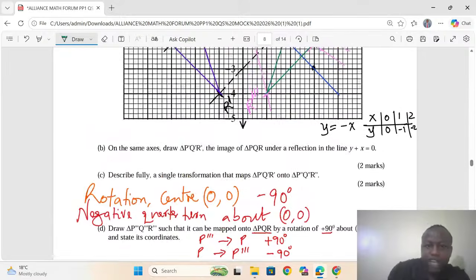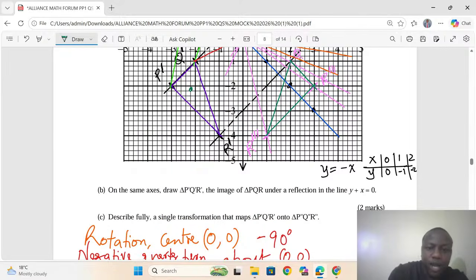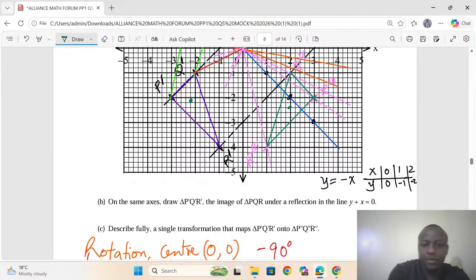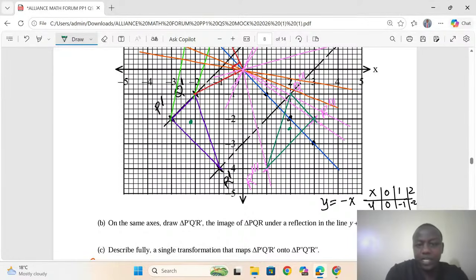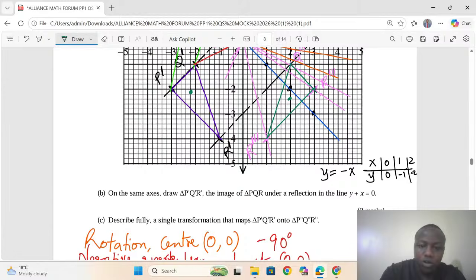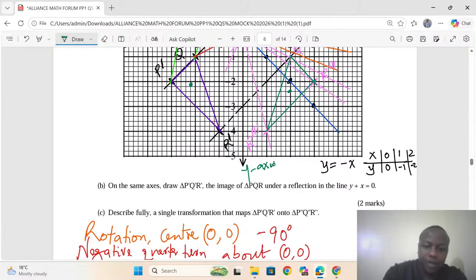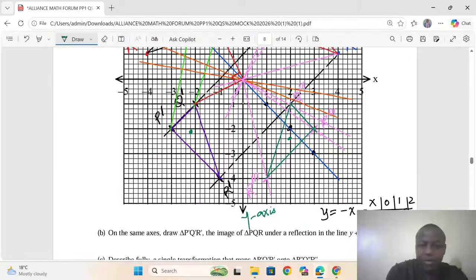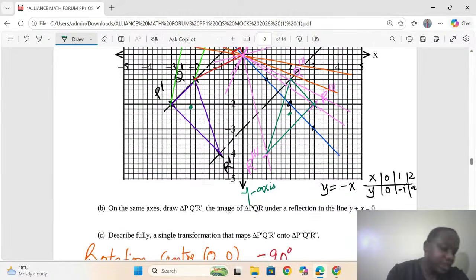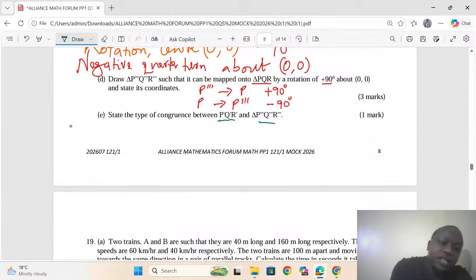The transformation that would map this one onto this particular one, and you discover that it is a reflection along the y-axis. When you reflect Q to the y-axis you move it to the other side, and you do the same for P to the mirror line y-axis, then R the same. So this is a reflection. Now that it is a reflection, then we talk about opposite congruence.